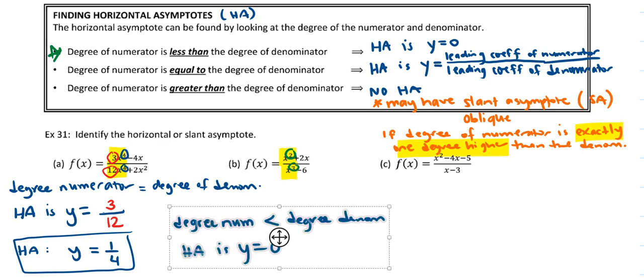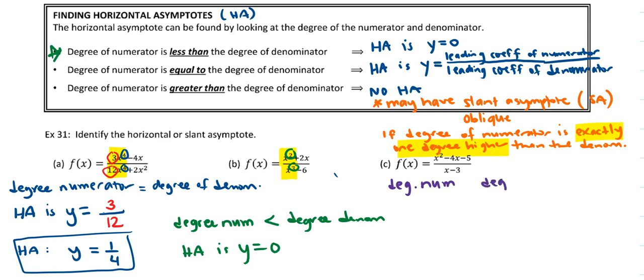We'll do the same thing, just comparing the degree of the numerator with the degree of the denominator. And if you look with me, right away, let me see if I can abbreviate because I know I'm going to run out of space. So DEG for degree. So degree of numerator versus the degree of the denominator.